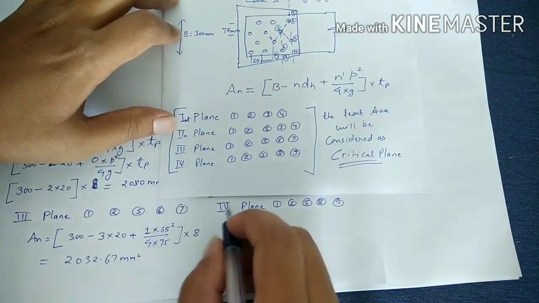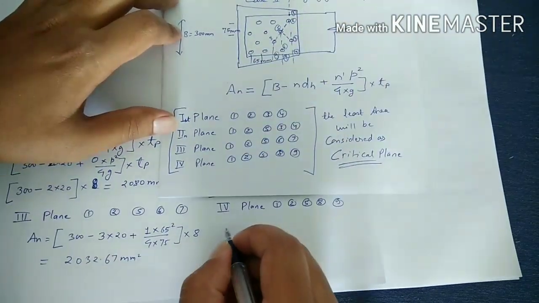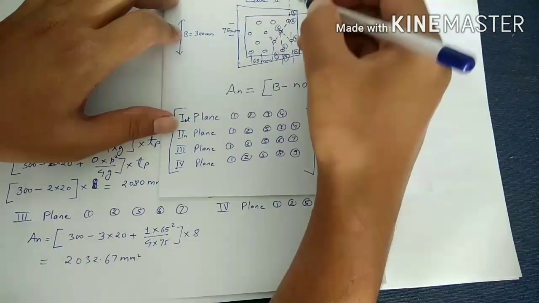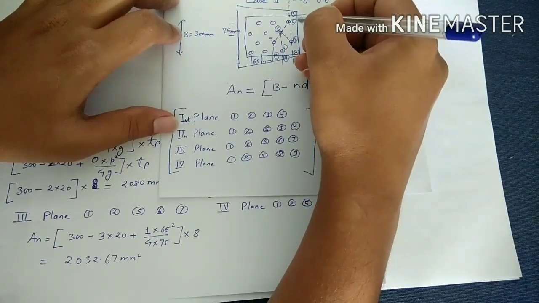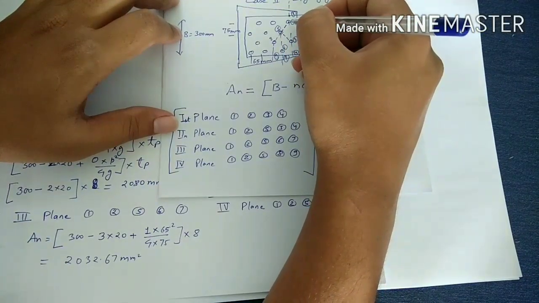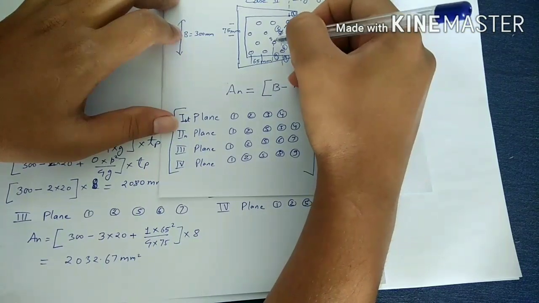You can see that it has staggered from 2 to 5, then 5 to 8.